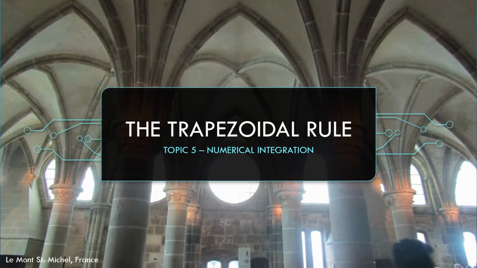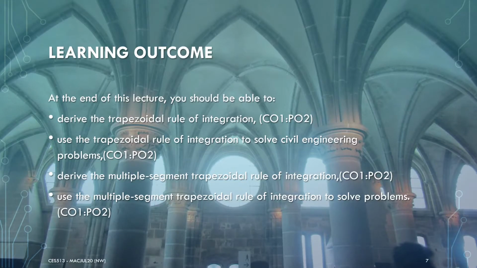The first method in numerical integration that will be discussed in detail in this chapter is the trapezoidal rule. For the learning outcomes of this subtopic, at the end of this lecture, you should be able to: 1. Derive the trapezoidal rule of integration, covering CO1 and PO2. 2.